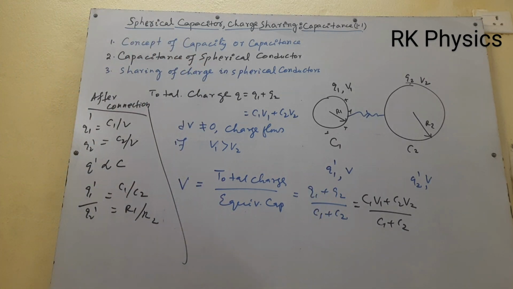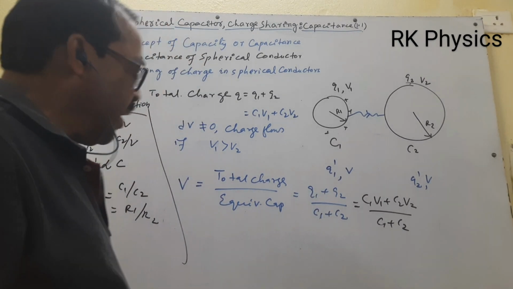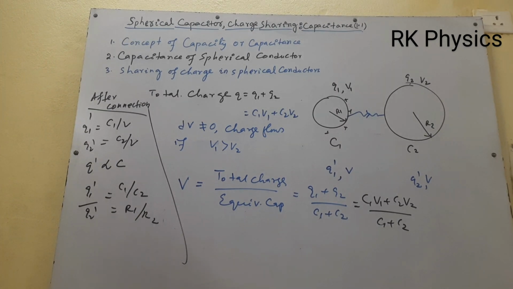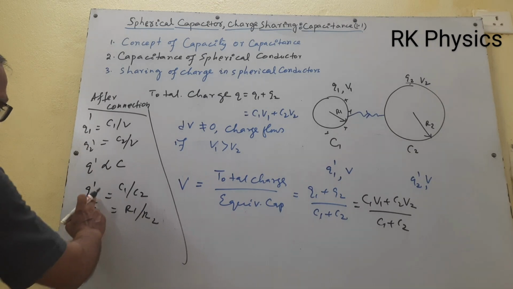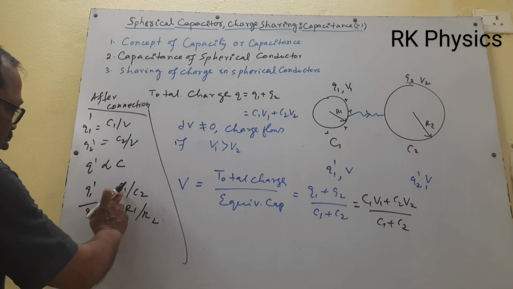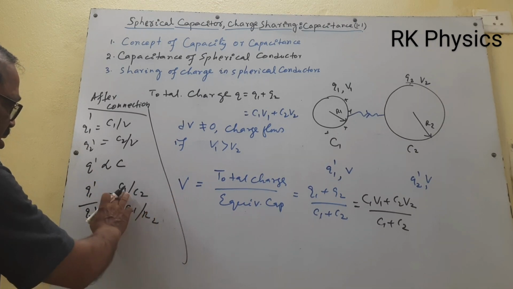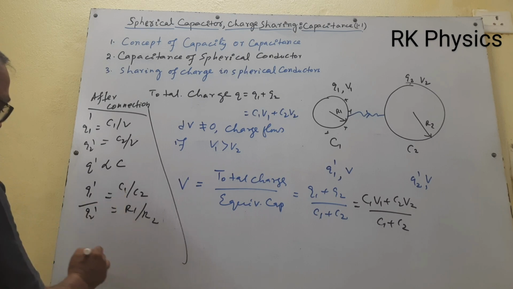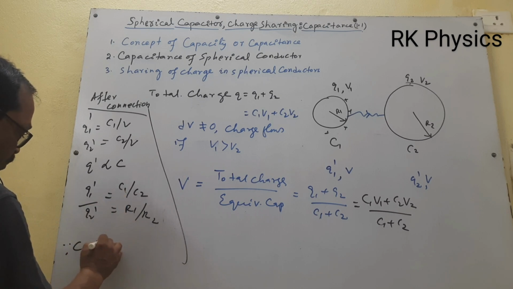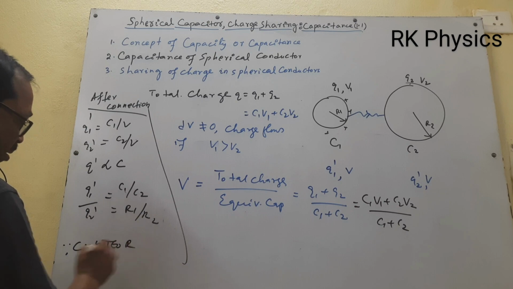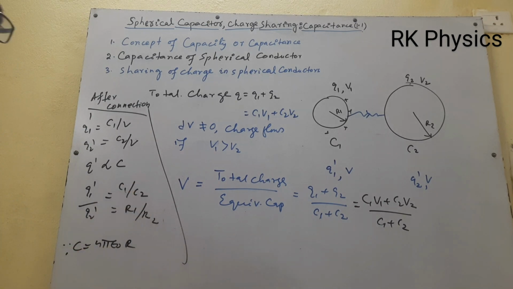Therefore, charge and capacitance are proportional. Greater the capacitance, greater is the charge. So Q1 prime by Q2 prime equals C1 by C2, as V cancels. Further, C is 4 pi epsilon 0 R. Therefore, C1 by C2 is equal to R1 divided by R2.